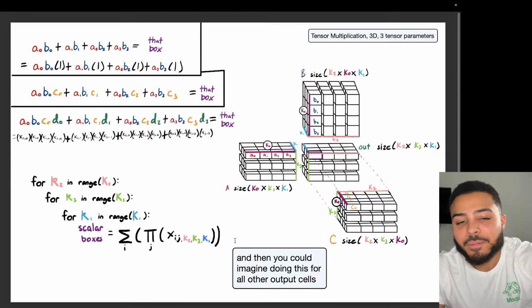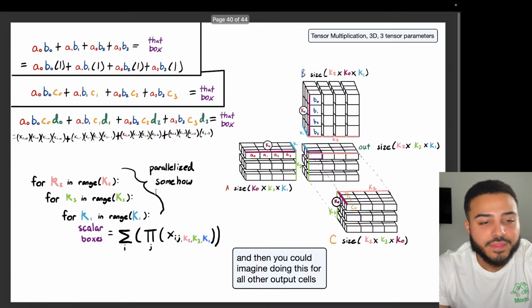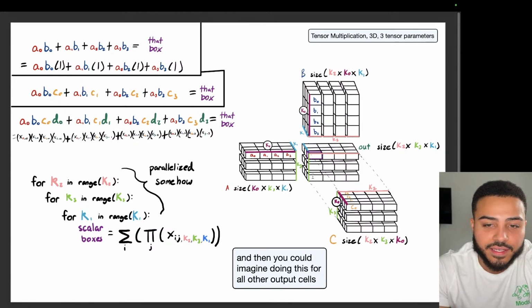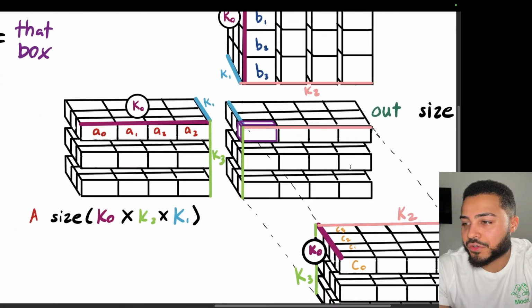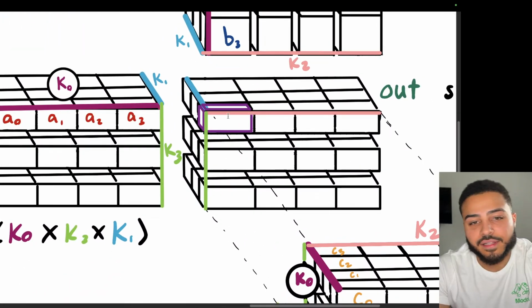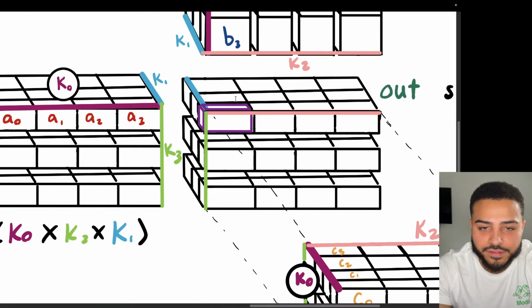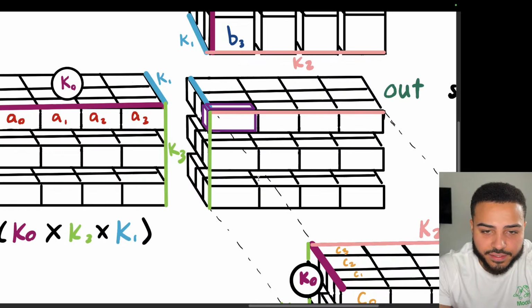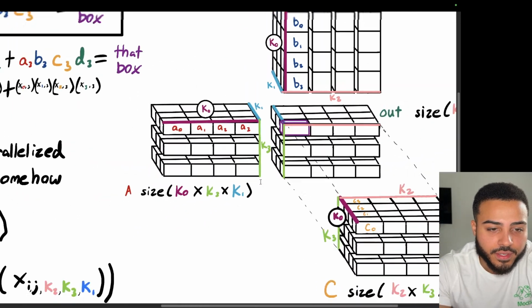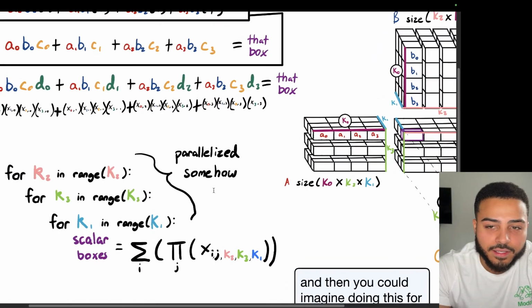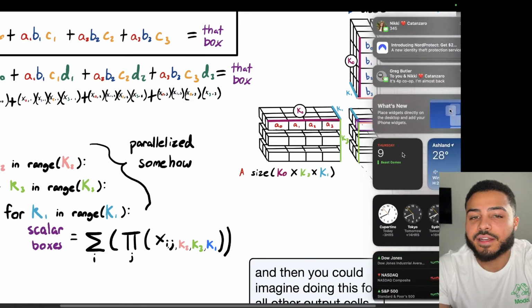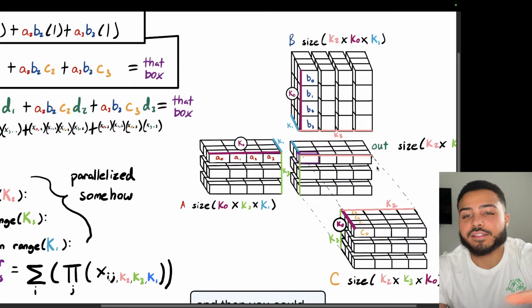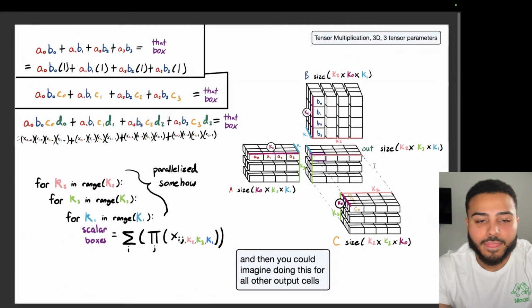There's just some pseudocode, but parallelized somehow. You can imagine it in two ways. You could imagine sliding this box across every single one of these boxes, in which case that would be like a for loop. Or somehow parallelized, you could imagine all of these things happening at the same time.